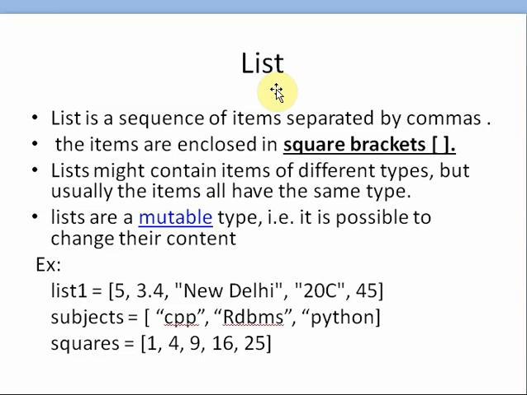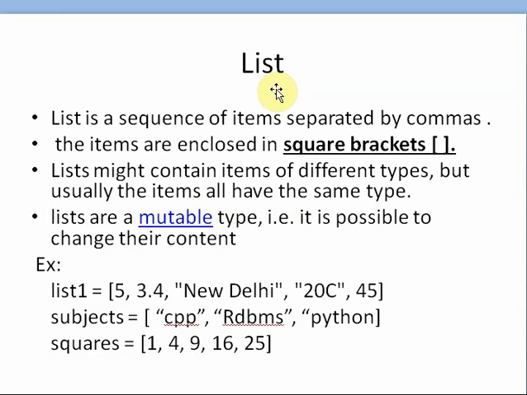But in real programming, we need a number of items to be stored. So for that purpose, list is the data type where you can store more numbers.